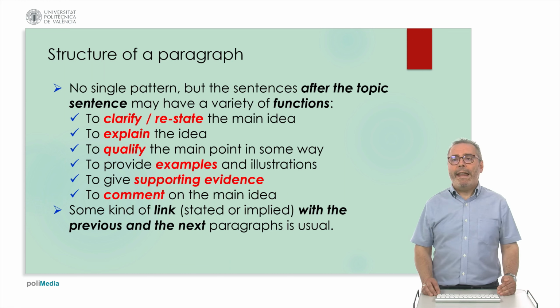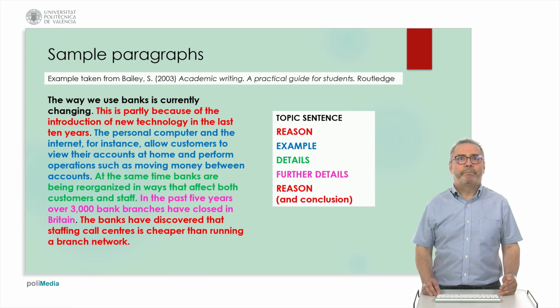They can support evidence to the main idea, or they can comment on different parts of the main idea. And there must be some kind of link, stated or implied, of one paragraph with the previous and the next paragraphs. This is very normal. We are going to see a couple of examples explained.